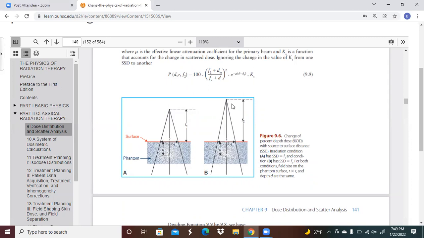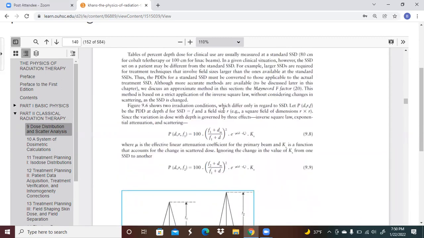And so our result is going from what you see in situation A to what you see in situation B. So the SSD in part B is going to be different from what we have in part A.